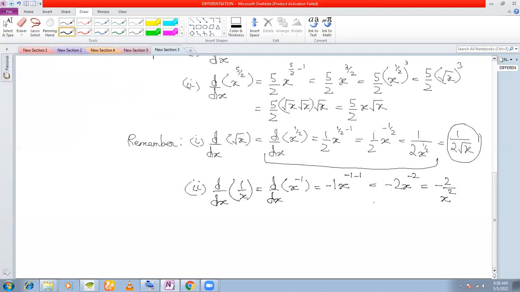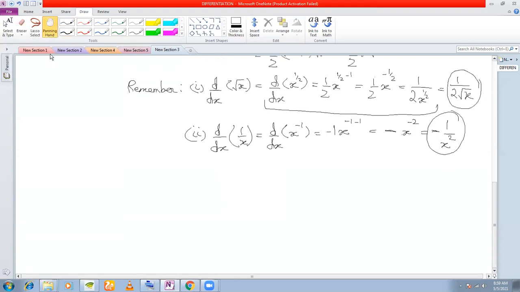Please remember that d/dx of 1 by x is minus 1 by x square. So directly you must be able to write d/dx of 1 by x is equal to minus 1 by x square.